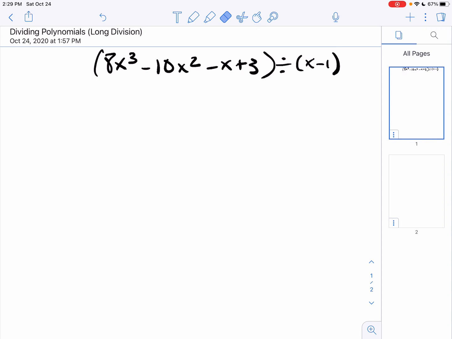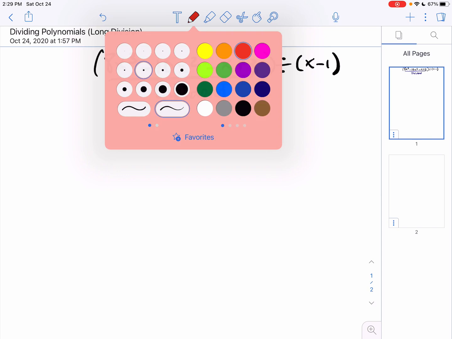In this video, we're going to talk about how to divide polynomials. We actually divide polynomials the same way we divide regular numbers. Before we set it up, just to talk about division a little bit, this is called the dividend, and this is called the divisor.